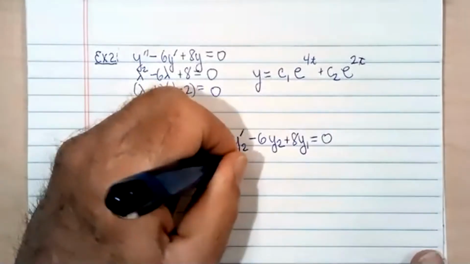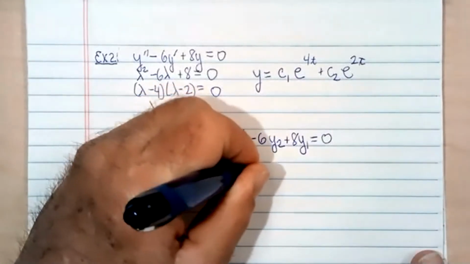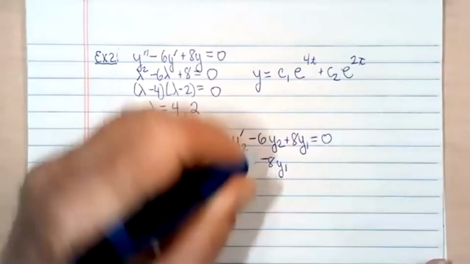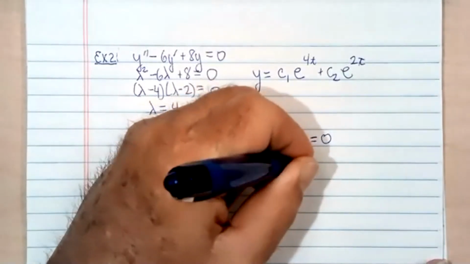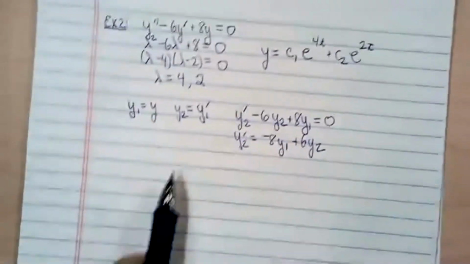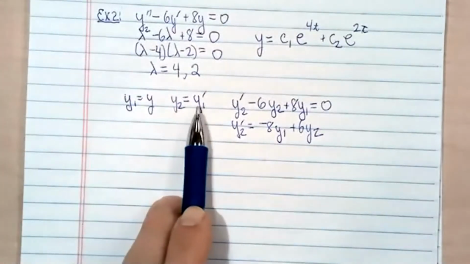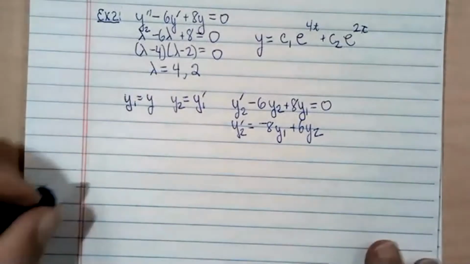Shoving that to the other side, y2 prime equals minus 8 y1 plus 6 y2. And here's our first equation right here: y1 prime equals y2.